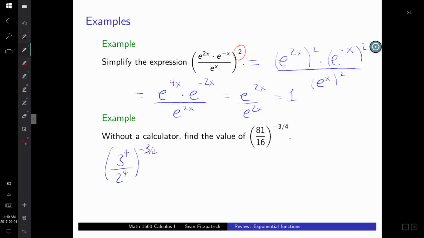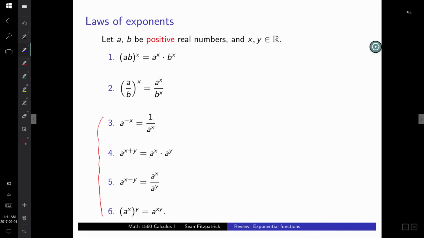And we're raising this to the power of minus 3 over 4. Now, the negative exponent says we should take a reciprocal. So this is the same thing as 2 to the 4th over 3 to the 4th raised to the power of 3 over 4.